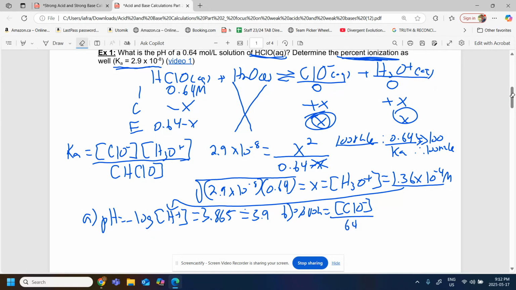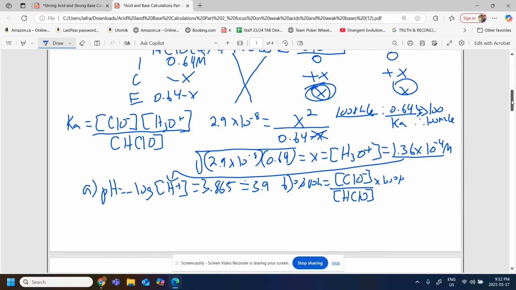So let's go over our concentration of HClO, but the initial one, times 100%. And so we found our x value, which is the concentration of ClO-. So we have 1.36 times 10 to the power of -4 molar divided by the 0.64 molar times 100%.